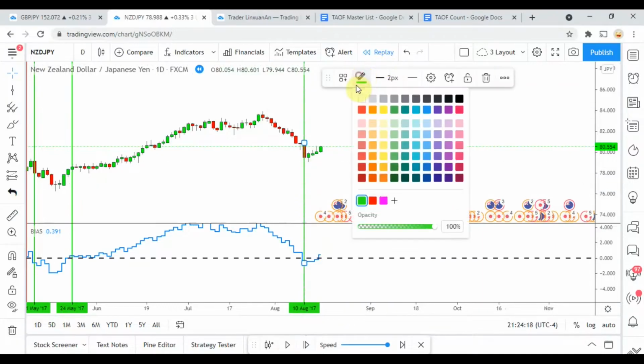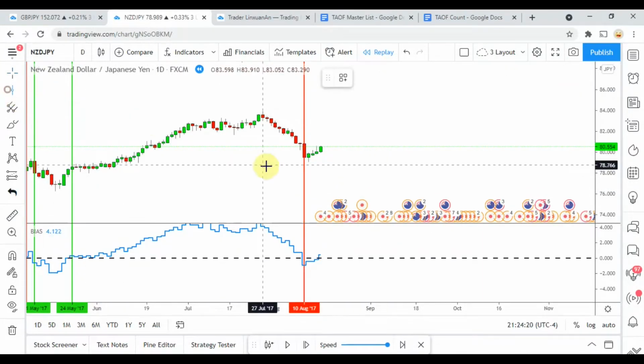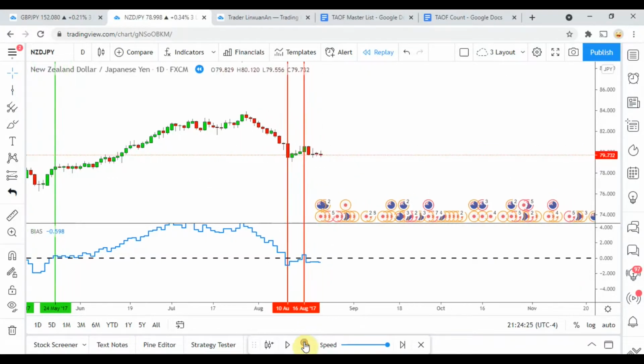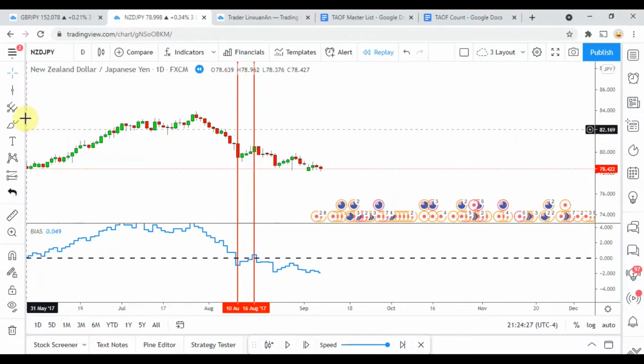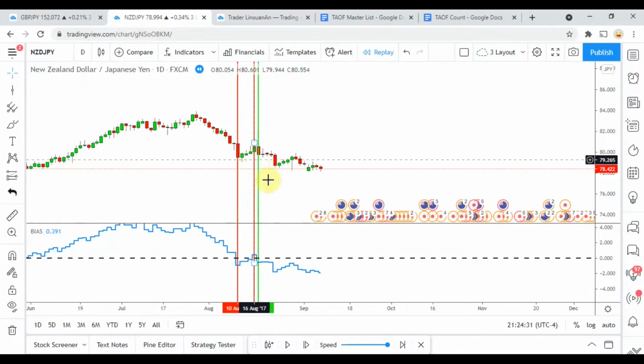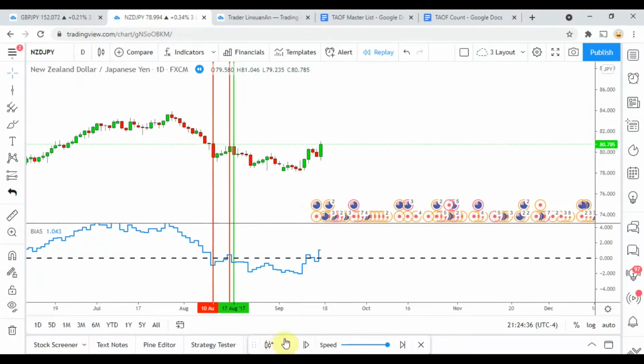So it did end up popping itself back up right there on that one, and then almost immediately drops back down underneath there on that one. That one would have gotten us to take profit.